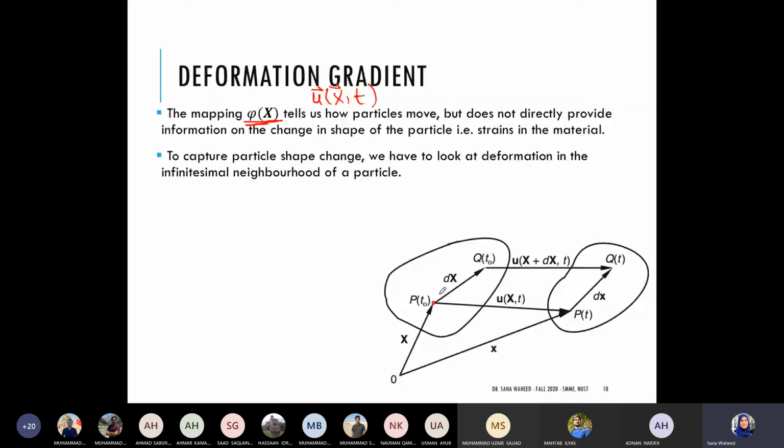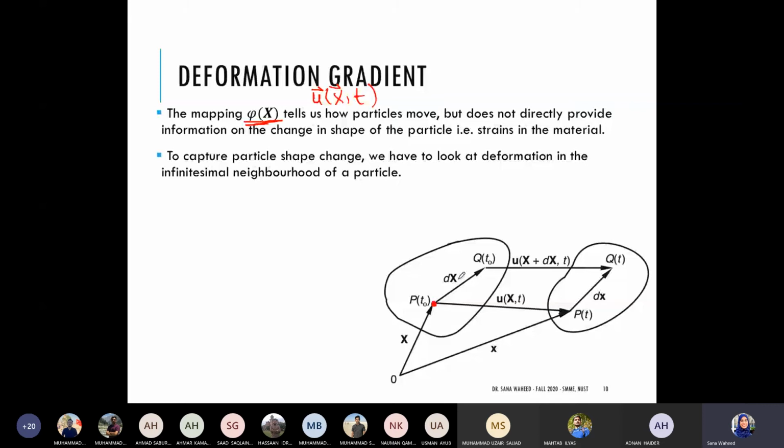Now, when we're considering strains, we're looking at changes in the shape of the reference configuration in that close vicinity of the particle. So in order to do that, we need to look at small positions away from our reference position and see how that small region around the particle distorts as we move to our new position.